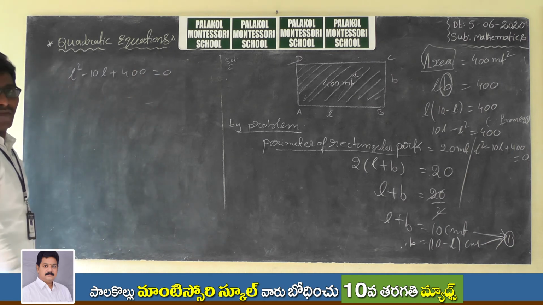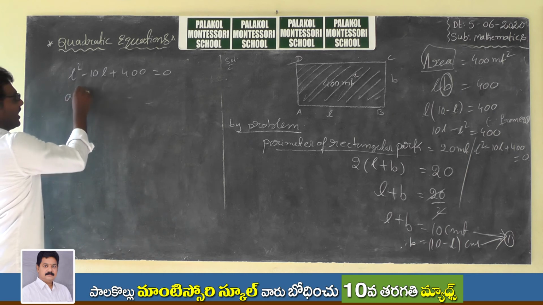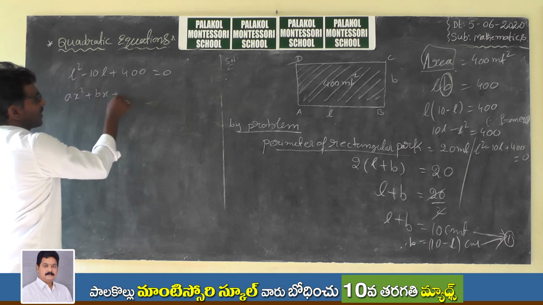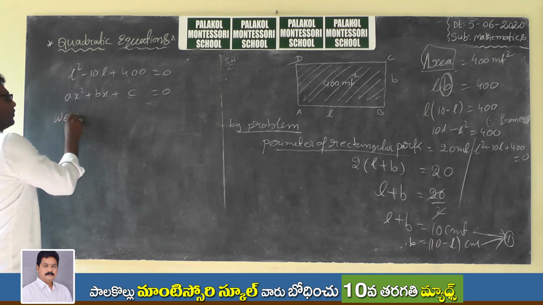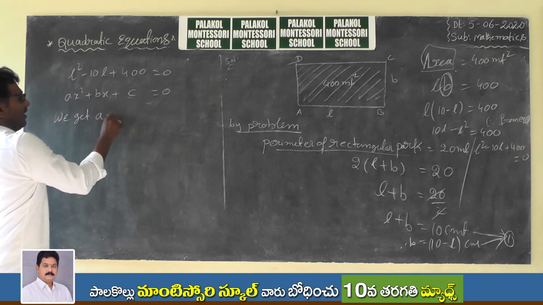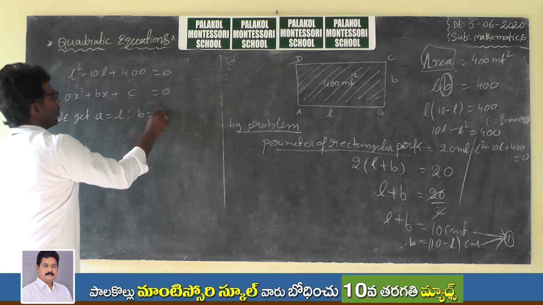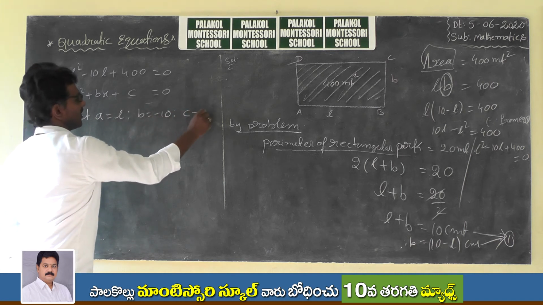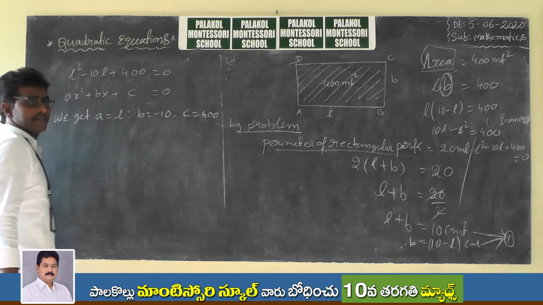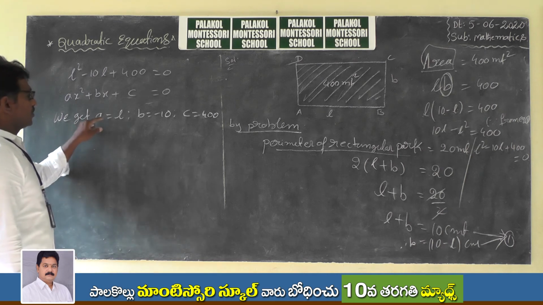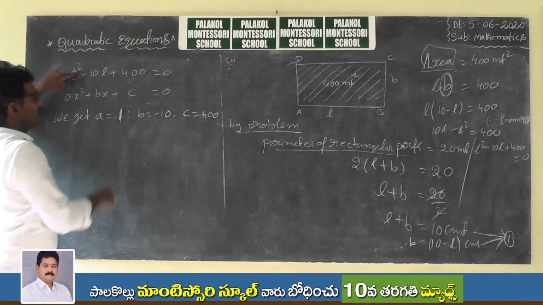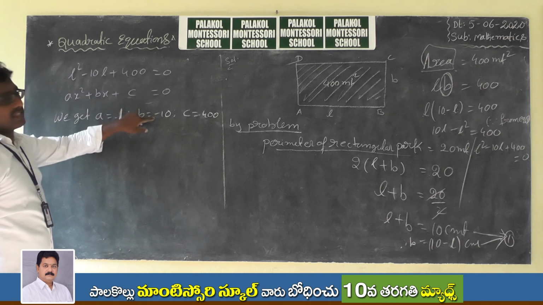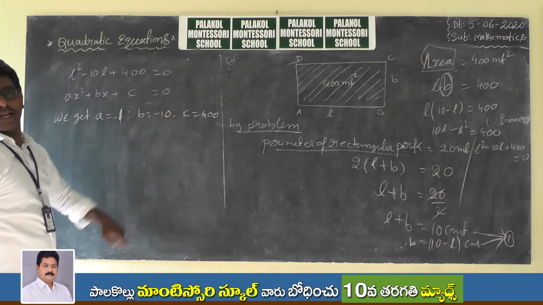This we compare with the quadratic equation ax square plus bx plus c is equal to 0. You get the a value: the coefficient of x square is 1, the b value is minus 10, the c value is 400.